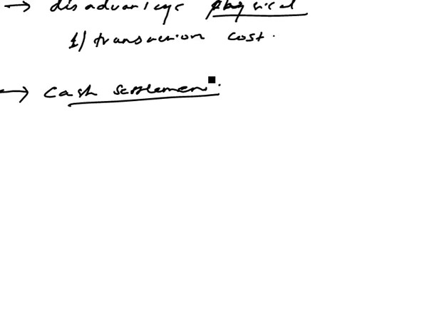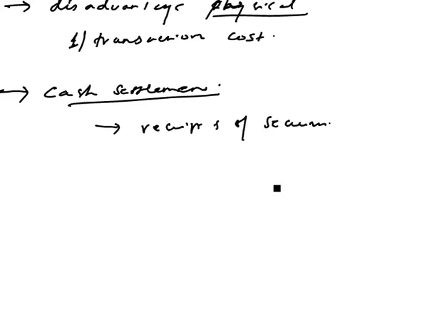So let's talk about cash settlement. Cash settlement does not involve any actual delivery or receipt of security. Each party pays cash equal to the net loss arising out of the respective position.